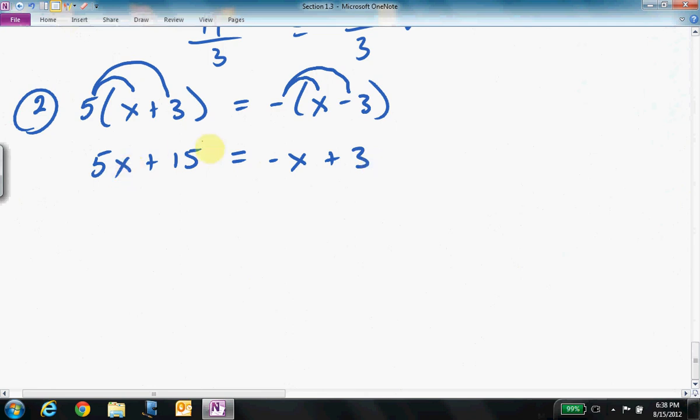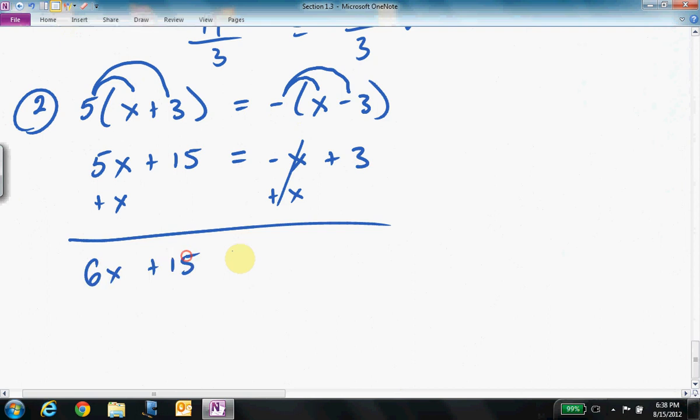So now I've got just two variables on both sides of the equation, so I'm going to just combine like terms. I'll start by combining my variables. So I'm going to add the x over to both sides. That's going to cancel, and I'm going to be left with 6x plus 15 equals 3. Now I'm going to combine my constants.